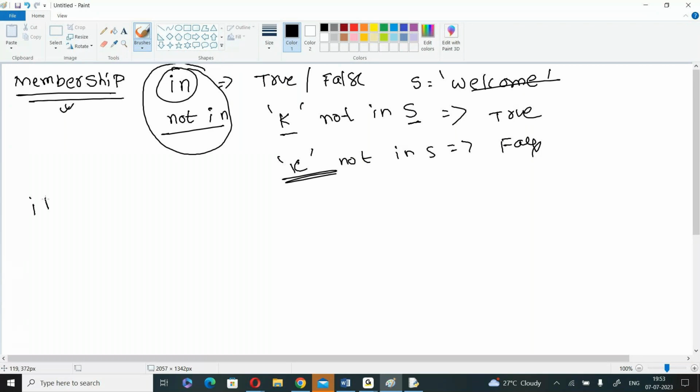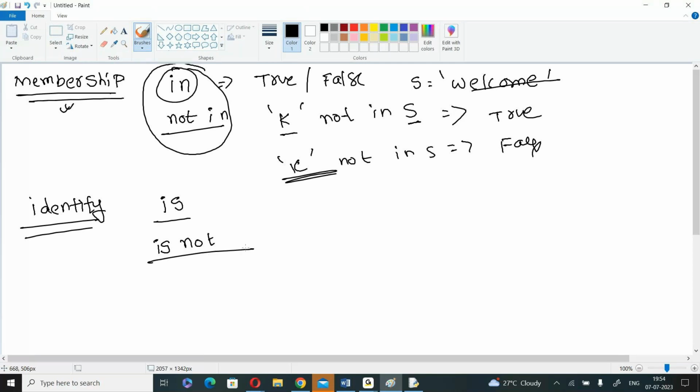Last and the last one is the identity operator. We have two identity operators. One is is, second operator is is not. These are the names of the operators.